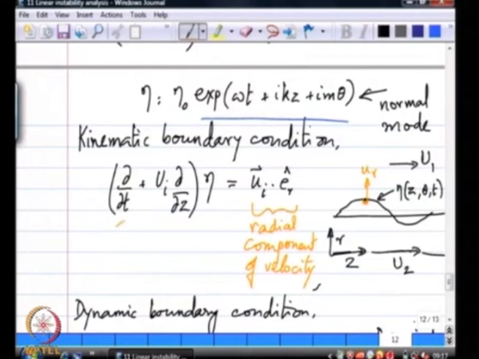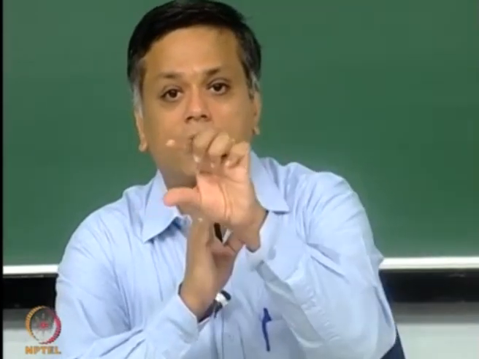One, eta itself undergoes an increase with respect to time at a given location. So, we have to go back to our fundamental understanding of a partial derivative. At a z and theta location on the jet interface, the partial derivative of eta with respect to time gives me the rate of change of eta with respect to time. So, that in some sense is like a radial velocity at that point.